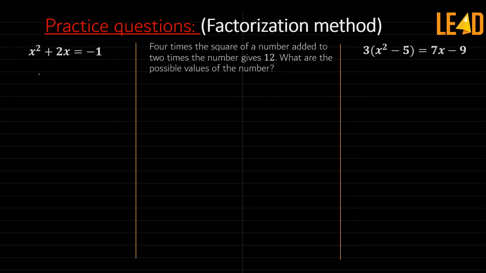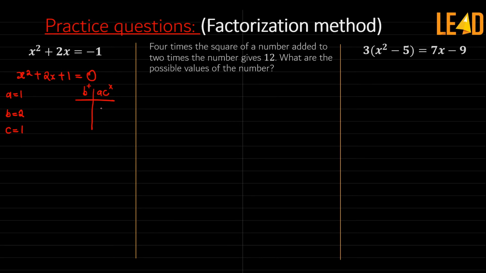Okay, so for the first one, we have x squared plus 2x is equal to minus 1. The first thing we always want to do is ensure that the right-hand side of the equation is 0. So I'm going to move this minus 1 over. We'd have x squared plus 2x plus 1 is equal to 0. Good. Then we drag out our a as 1, our b as 2, and our c as 1 also. So we are going to work out b and AC.